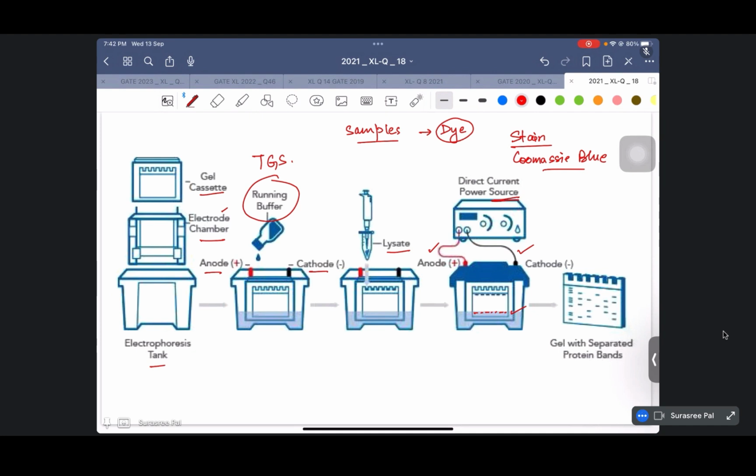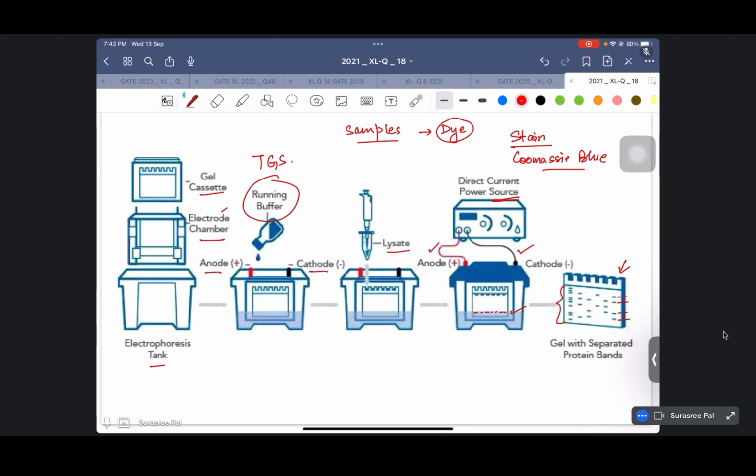So this will form this kind of a gel. Here you can see these are your protein bands. All of these are protein bands, and this is the marker. According to the molecular weight of the marker, you will be able to identify which is your protein of interest.